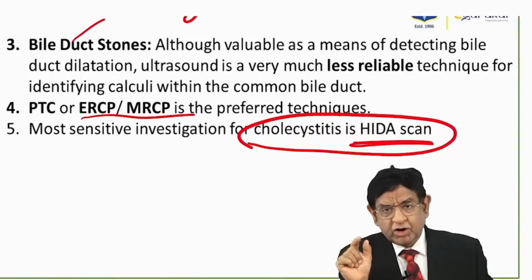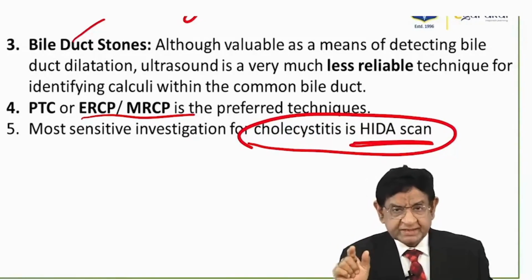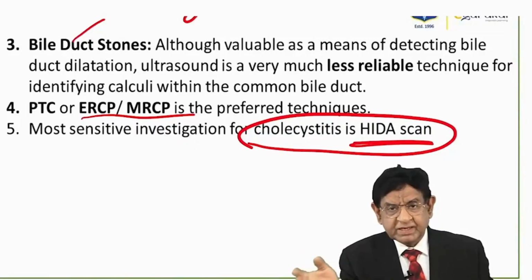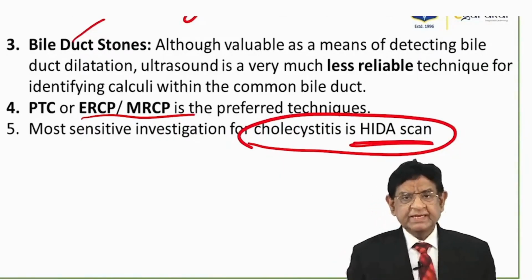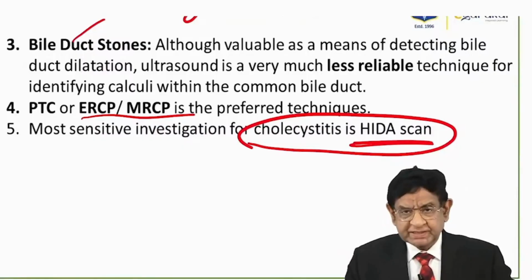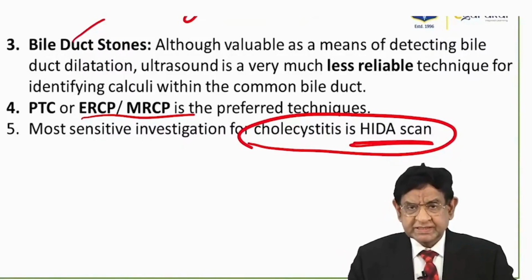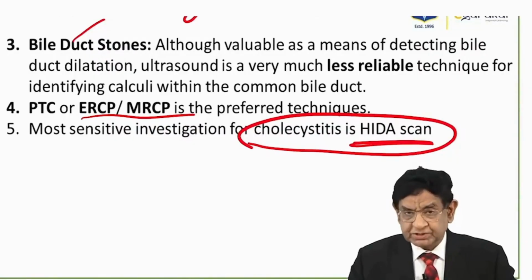Thickening of the gallbladder wall which indicates cholecystitis, and we can also see some fluid around the gallbladder. Then of course books do mention CT scan abdomen also, but MRCP or ERCP are more yielding as far as gallstone is concerned. And for cholecystitis we do HIDA scan.